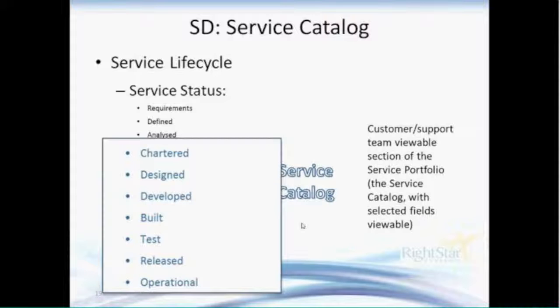And they may have input then into that development. Certainly, there may be users who are involved in the testing of a particular service. So again, visibility may depend upon a person's role and the overall visibility strategy for the organization.